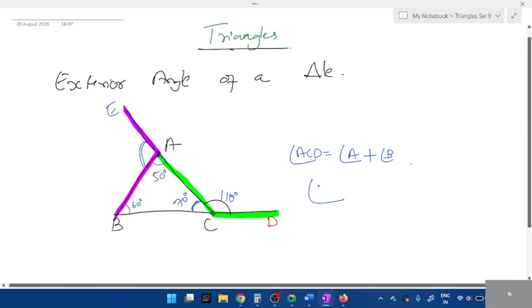Should I take EAB? Right? EAB will be equal to the interior opposite angles. Which are the interior opposite angles? No, no. Interior opposite angles for this one are angle B and angle C. Angle B plus angle C.